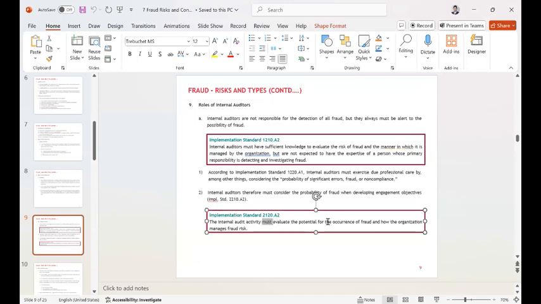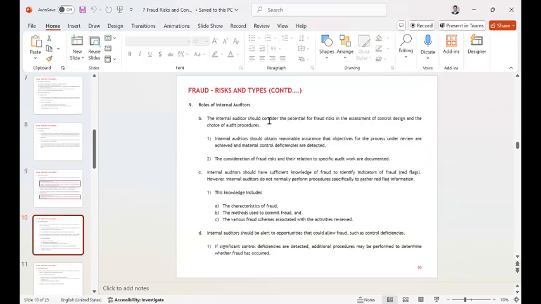Must evaluate the potential for the occurrence of fraud and how the organization manages fraud risk. Let's go to the next one.